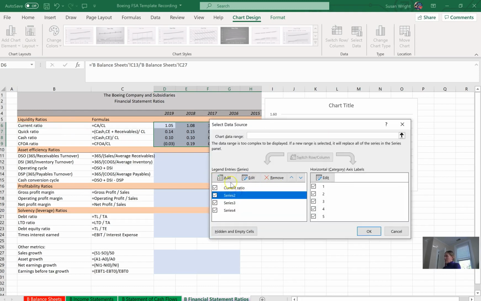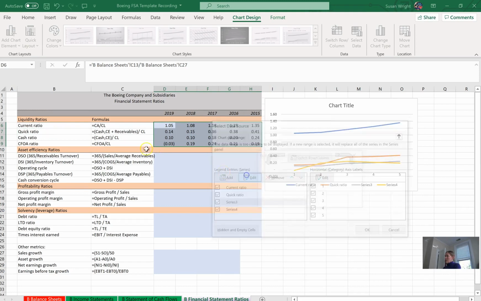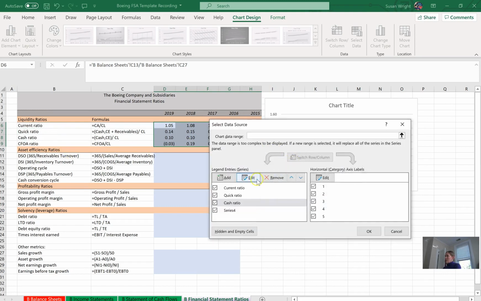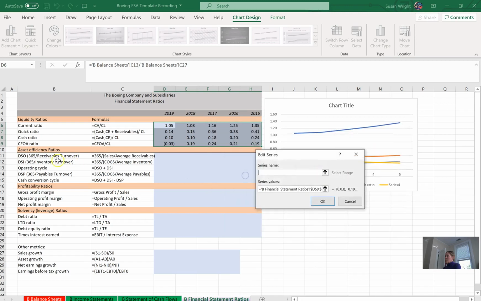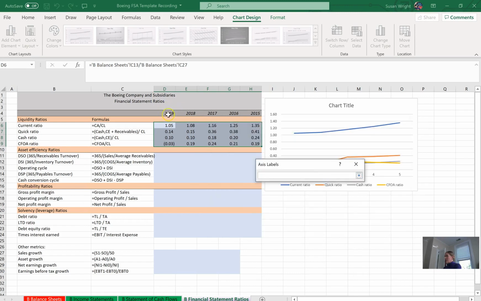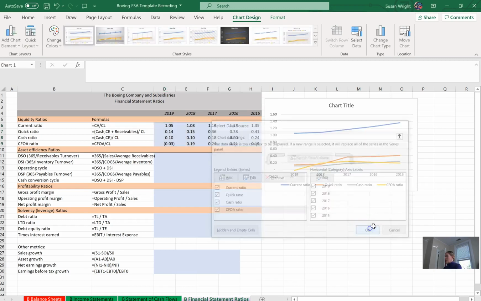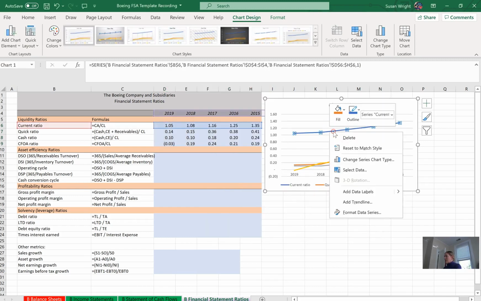And this one, edit, quick, and this one, edit, cash, and this one, cash flow operating activities. And then edit these to the year. Okay, we're gaining. Let's put some data labels on them.